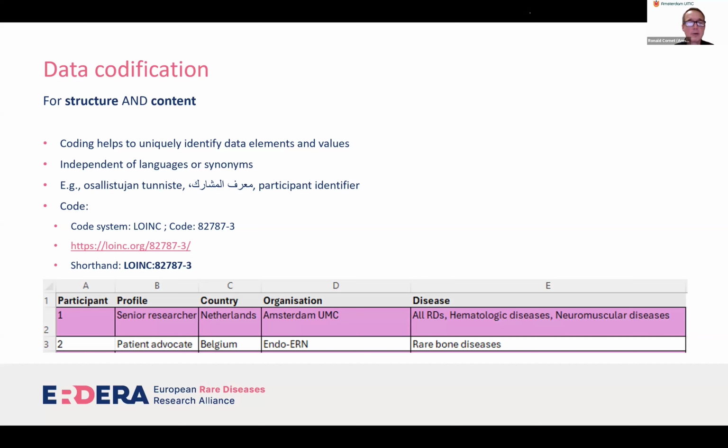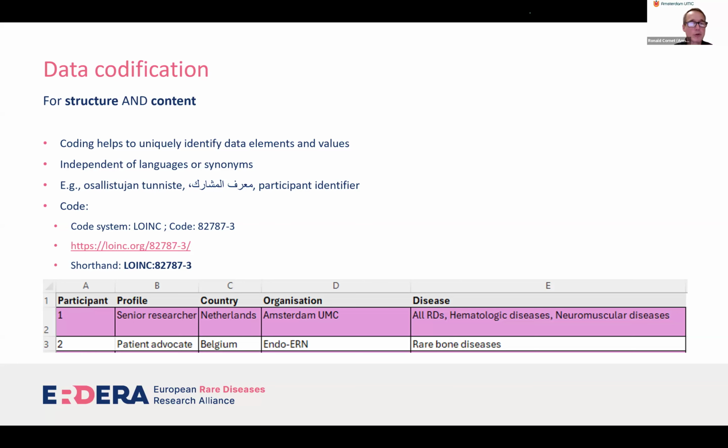And in this case, in LOINC, it is code 82787-3. So then we can represent it either separately, always representing the code system, because if you don't know what system it comes from, then a code itself may be ambiguous. Or we can combine them and write them as a URL, as really a web address, loinc.org/ and then the code number.